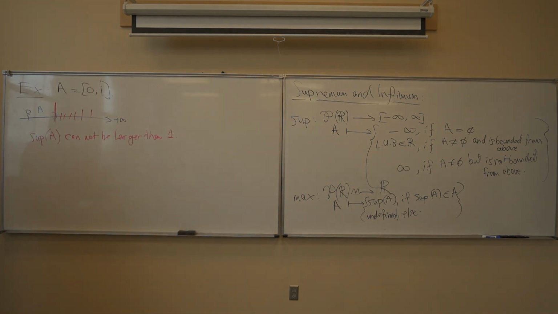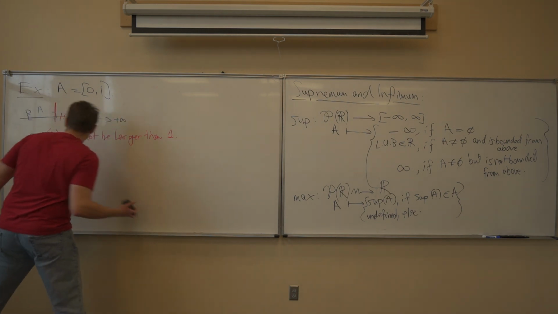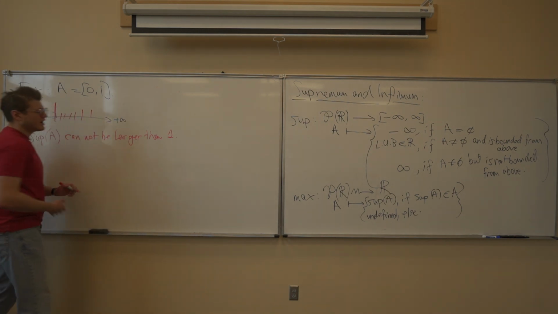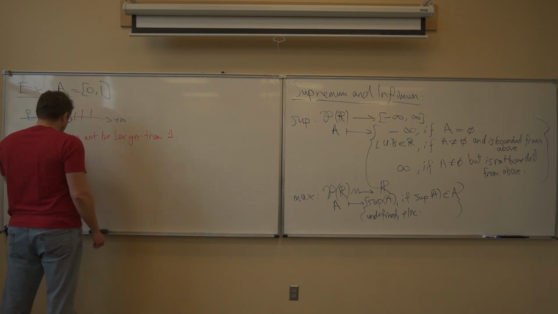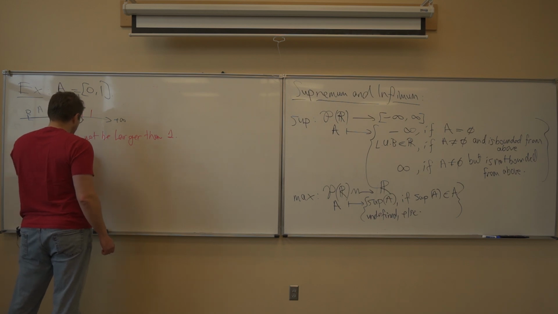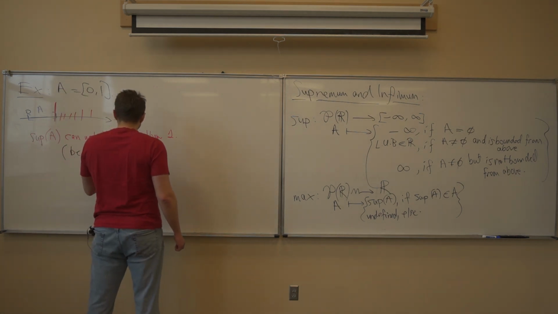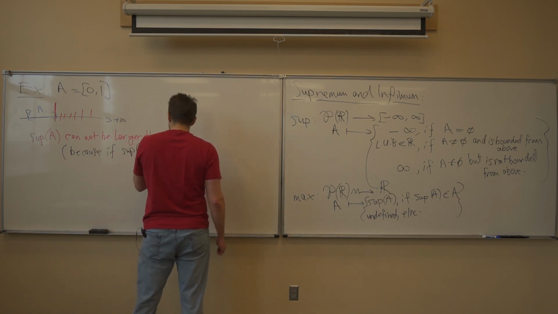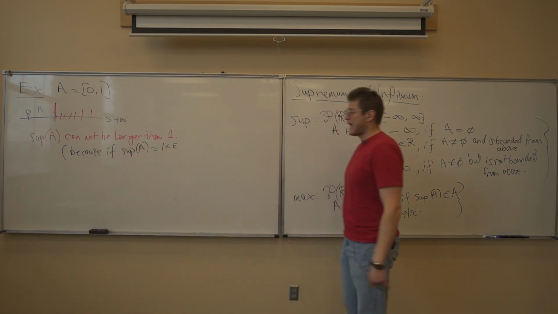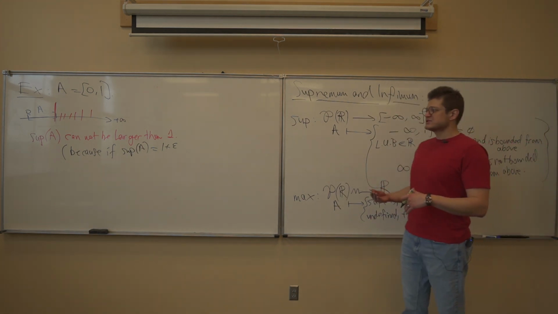Okay. Why? Because, let me write it. So how can I argue that this is the case? Well, I can say it like this. If, let's say, sup of A is 1 plus epsilon, epsilon is going to be always a positive number, some number larger than 1.